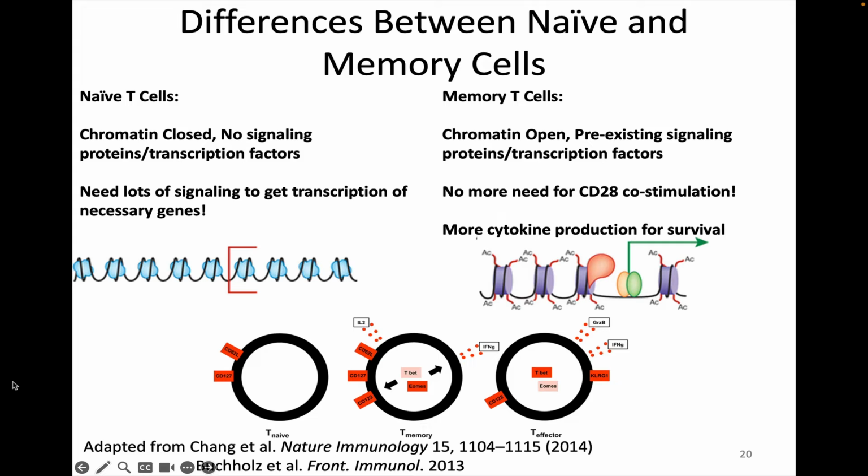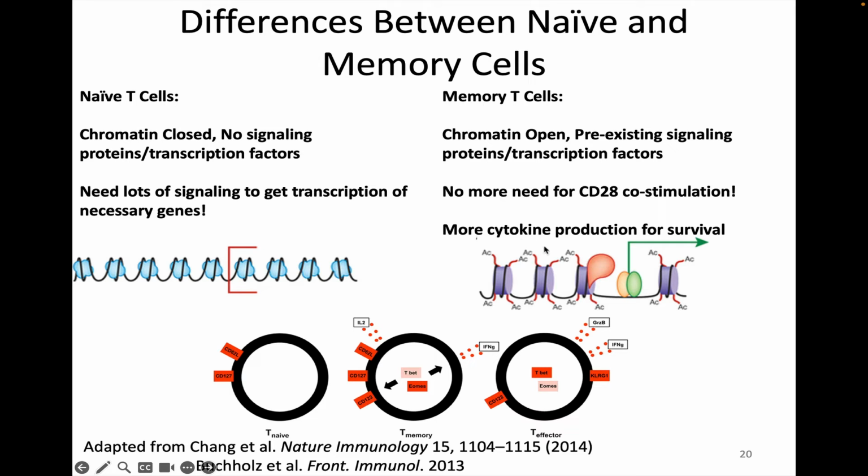And we've seen this before. We need signal 1, and we need it to go for a while, so the cells have to be held together with integrins and stuff. We need signal 2, we need signal 3. We really have to hit that cell hard in order to get necessary genes transcribed, to open up this chromatin, to get this DNA off of these histones, to let things move forward.